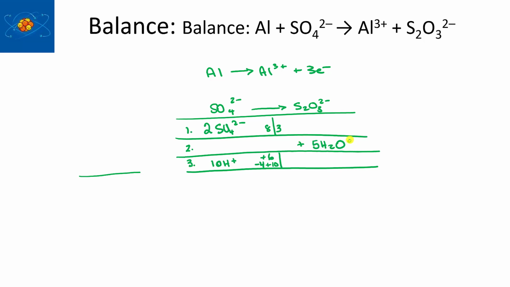So now I'm at -2 like this. So in order to get the electrons to balance, what I need to do is add the electrons to the side that has a more positive charge. And so in this case, I need to go from +6 to -2, so I need to add 8 electrons.